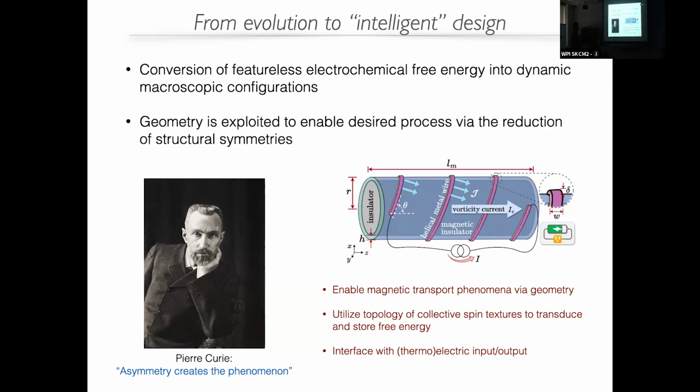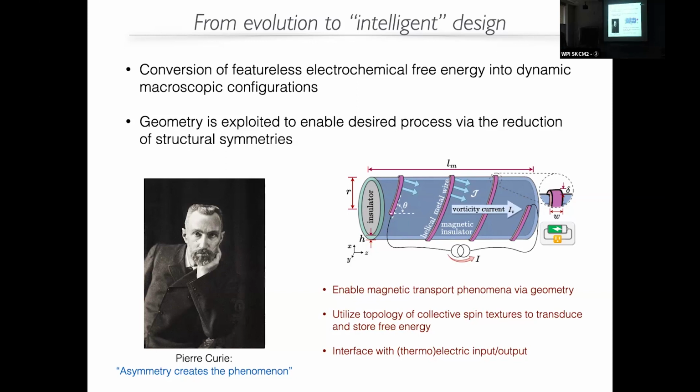So suppose this blue film is a magnetic insulator coating some featureless insulating core. This pink wire is a metallic wire wrapping in a helical fashion. It's going to be important that it's wrapping in a helical fashion around this magnetic insulator. So electrical current is sent through this wire, and this electrical current is going to do something to the magnetic dynamics in the film.